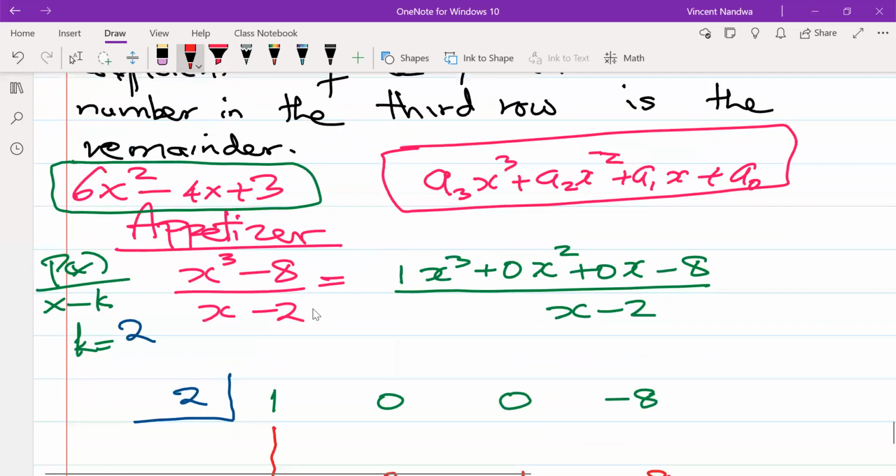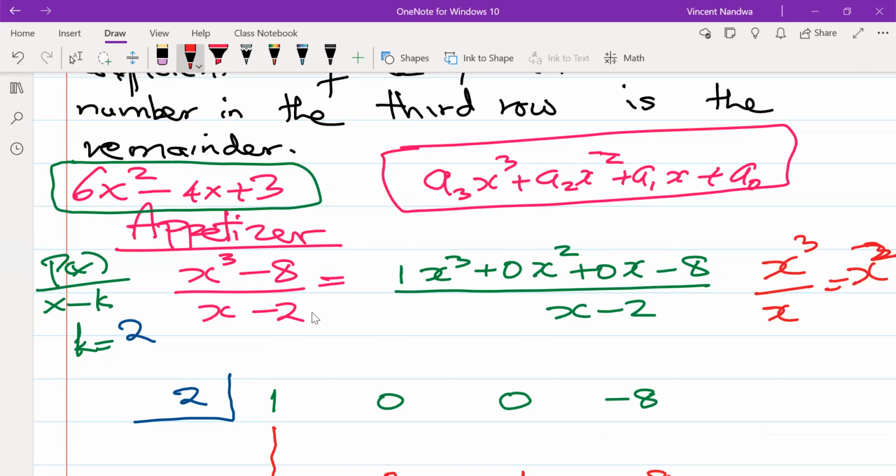So this will make common sense that if I have the highest power in the numerator as x power 3, and the highest power in the denominator is x, so you expect the quotient to have which power at the highest? 2. So when you are dividing a polynomial of degree 3 by a polynomial of degree 1, then the quotient will be a polynomial of degree 2.